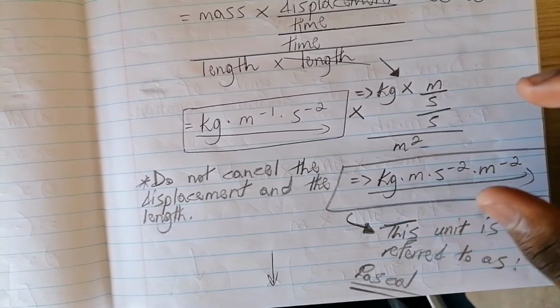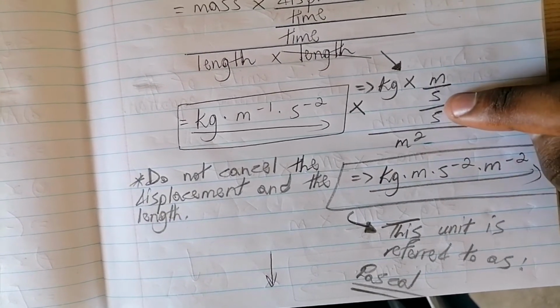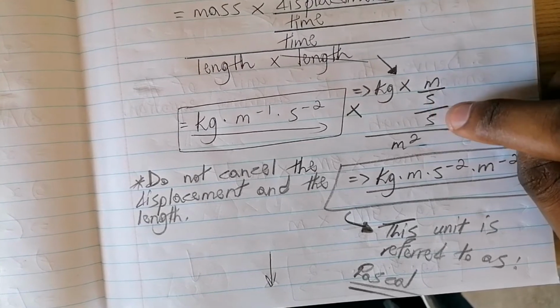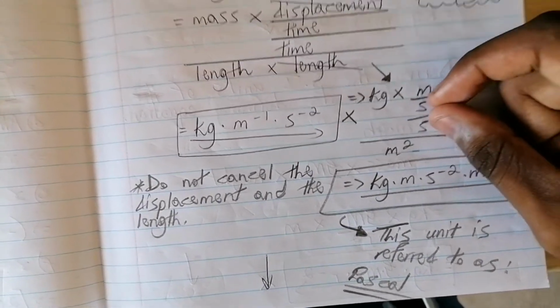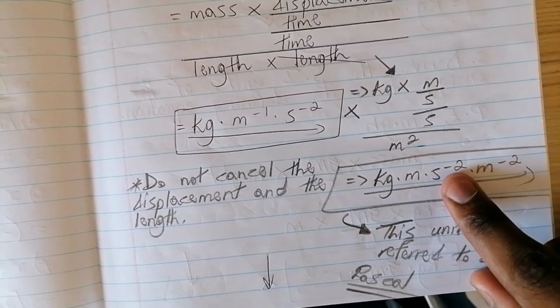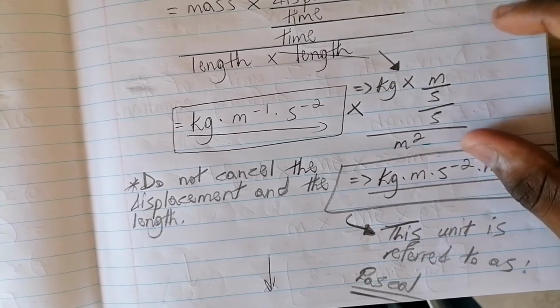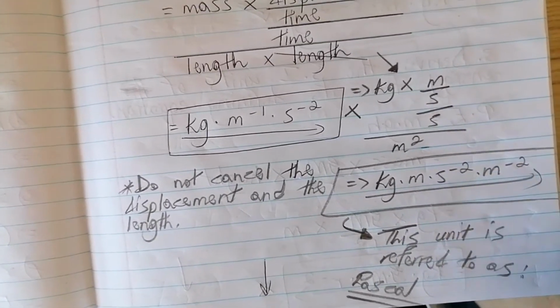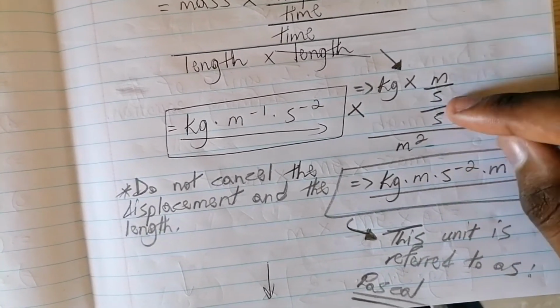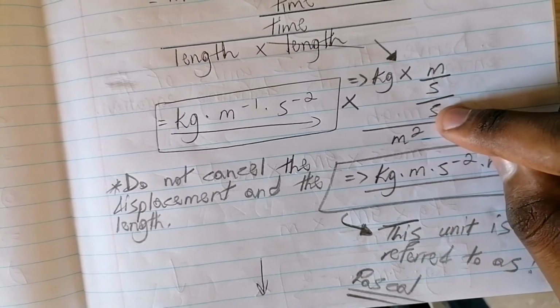Okay, so what you have to know is that this second is a denominator. Also, this is a denominator. So when we want to put them in the numerator, we have to put that negative sign to show that it is 1 over second, okay? Or m over second in this case, because it's m over second over second.